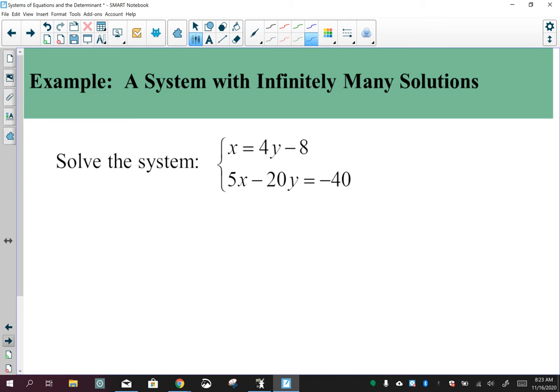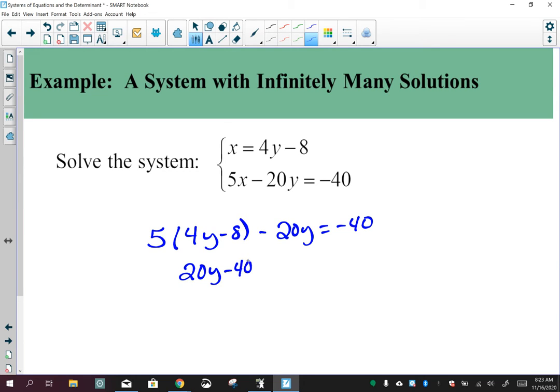Here's one with an infinite amount of solutions. Again, I can put this in y equals form. Since this one's already solved for x, I can just go ahead and say 5 times 4y minus 8, minus 20y, is equal to negative 40. So I get 20y minus 40 minus 20y is equal to negative 40.